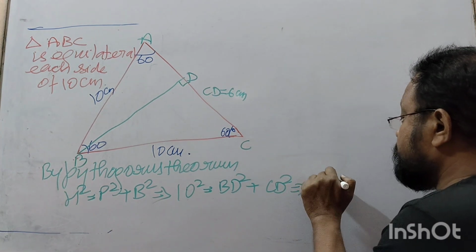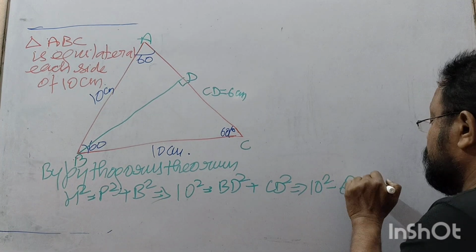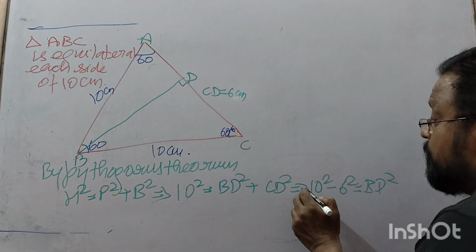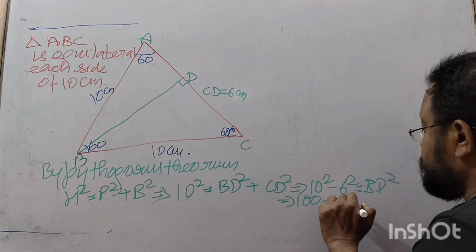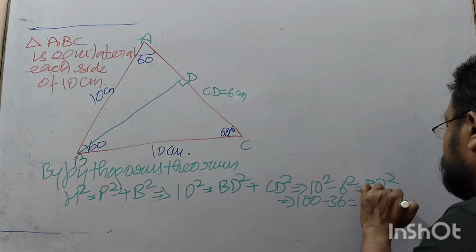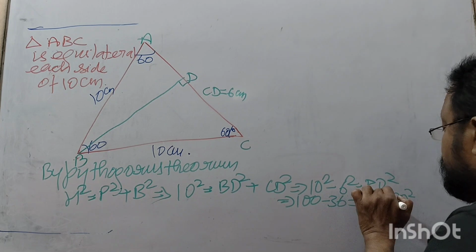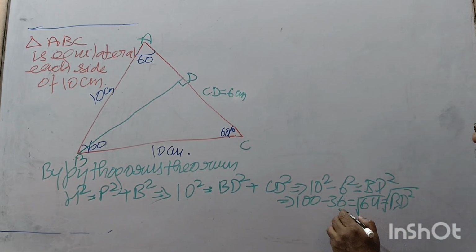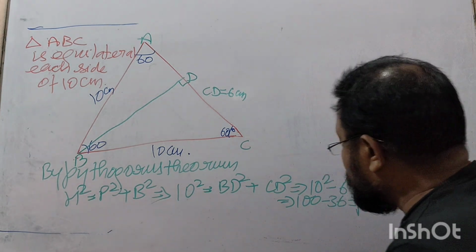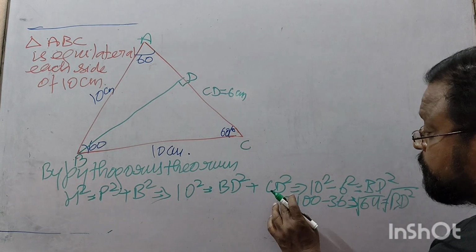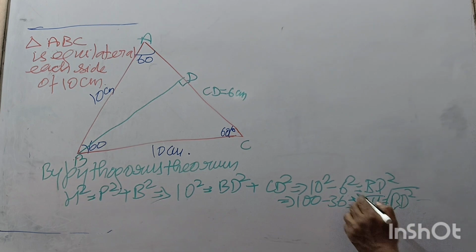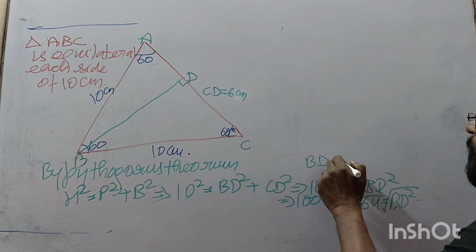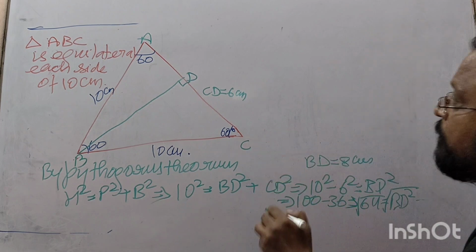So we can write 10 square minus 6 square is equal to BD square. So it becomes 100 minus 36, which is 64, equal to BD square. So BD is equal to 8 centimeter, right?